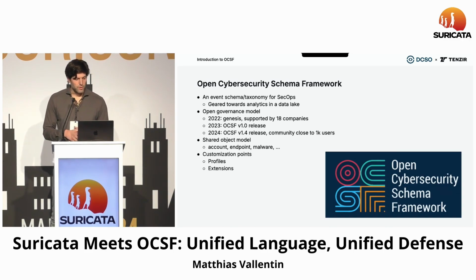In 2022, OCSF was founded by IBM, Amazon, Cisco, and a bunch of others. It was pretty laughed at initially because people said, oh yeah, it's just one more standard, right? We know this. In 2023, there was the 1.0 release, and in 2024 the community is now at 1,000 users. It's growing, and there's a lot of interest from not just users, but actually vendors adopting this.